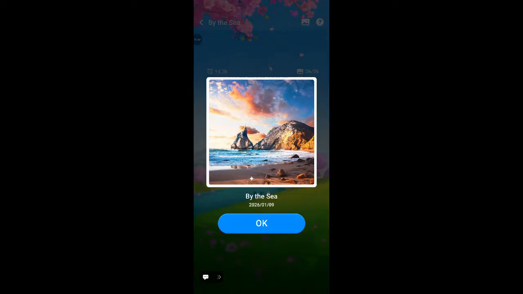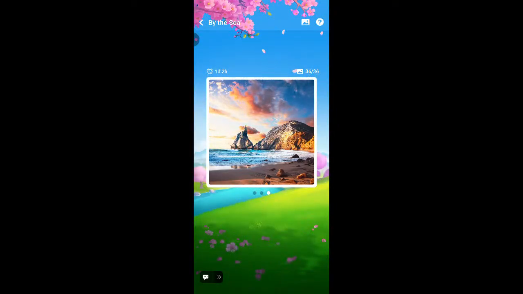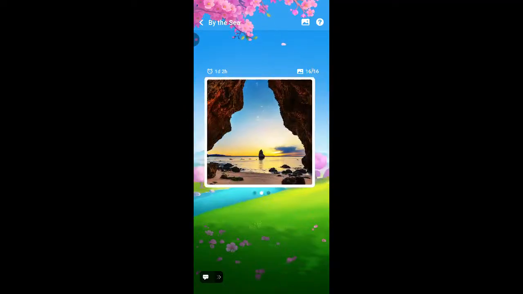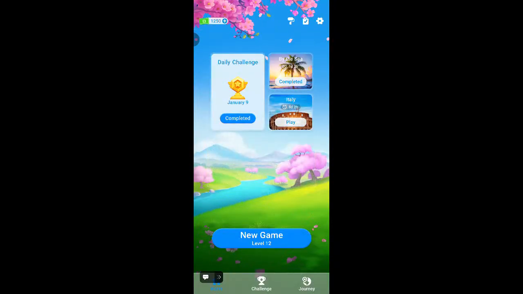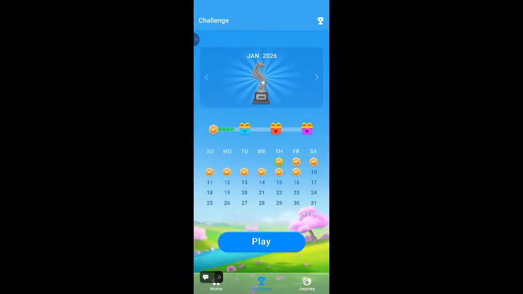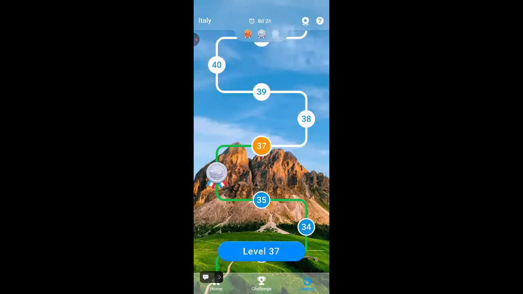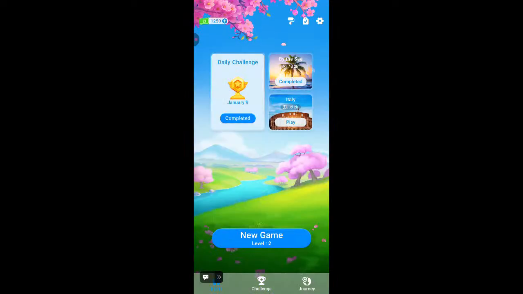Got this picture. That's fantastic. By the sea. Very pretty. I'm glad I collected that. That was enjoyable. We did the challenge. We have 8 days to finish this. Who cares? Personally, I don't care.